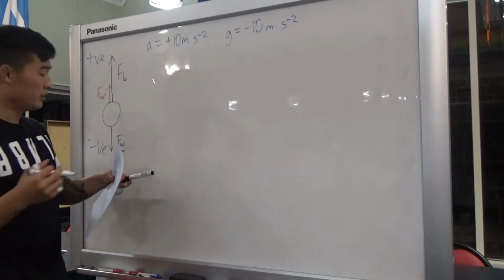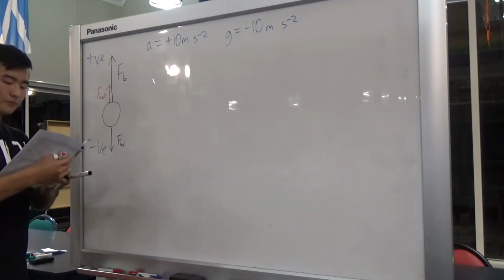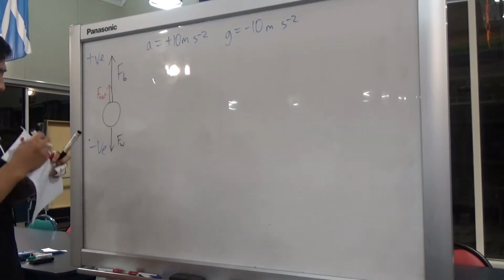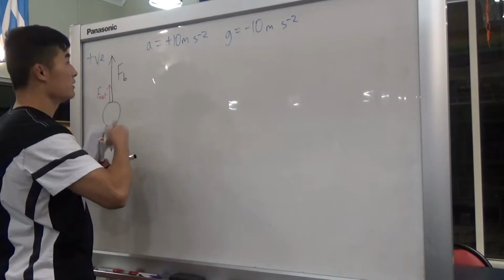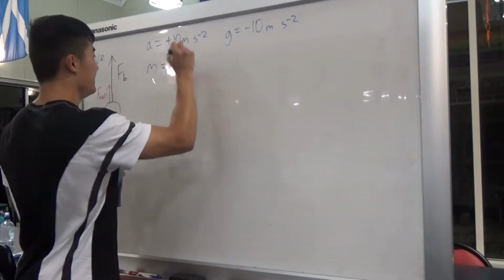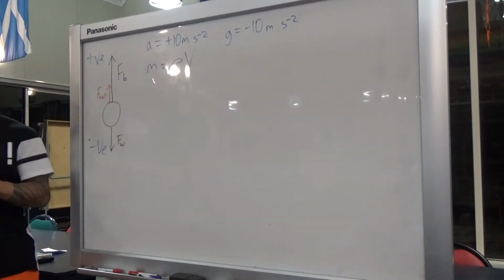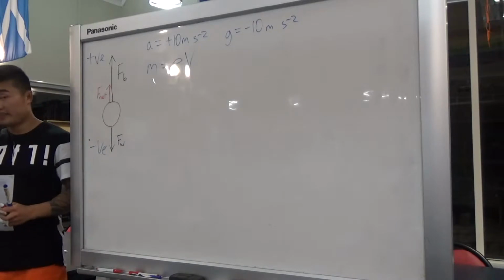And also what you should know is that mass is equal to the density times the volume, okay? So here we want to find out the density of the object.